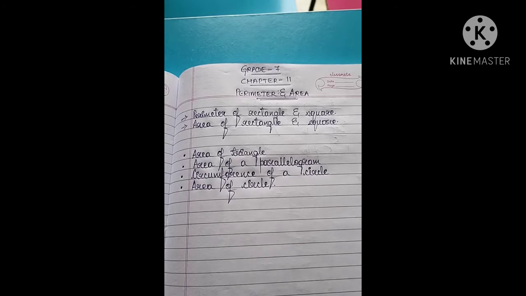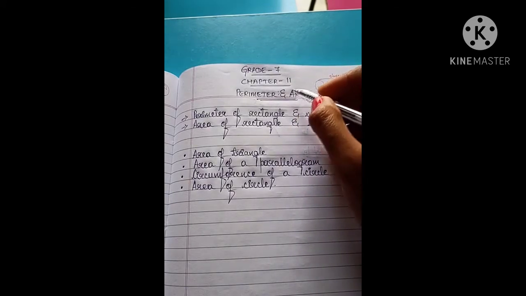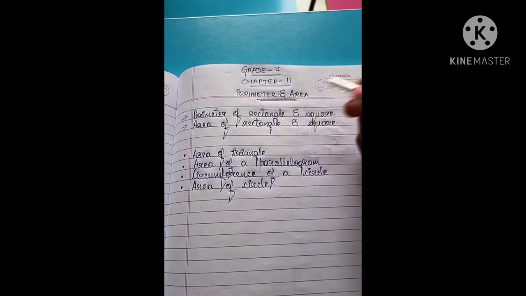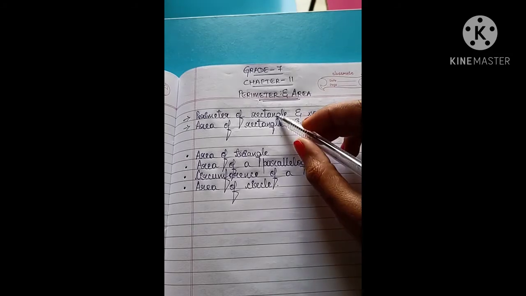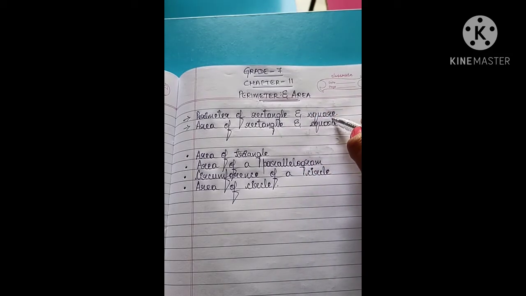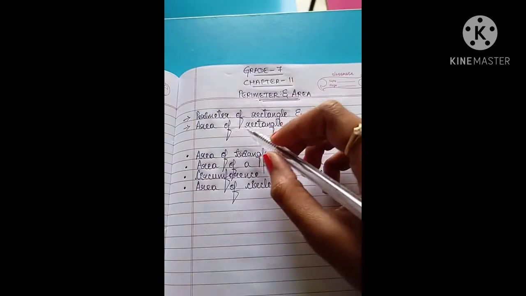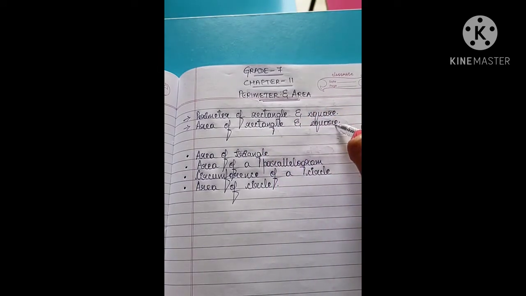Students, we are studying chapter number 11, Perimeter and Area. In our previous classes, we studied about perimeter of rectangle and square as well as area of rectangle and square.